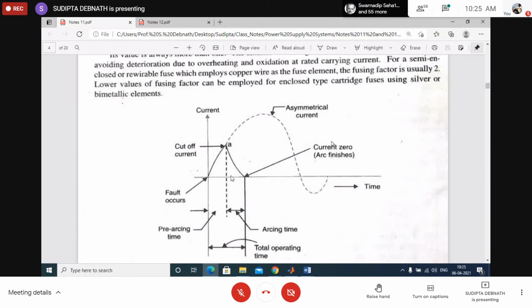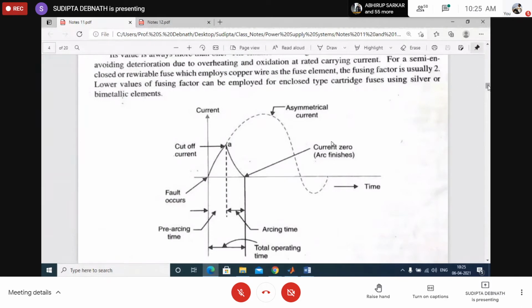Okay, so arcing time is counted from the instant of melting of the fuse up to the total current zero, or the extinction of the arc. So before that, this period is called pre-arcing time, when the fuse was in the circuit, and this is called the arcing time, when the arc is established, from the initiation of the arc to the extinction of the arc.